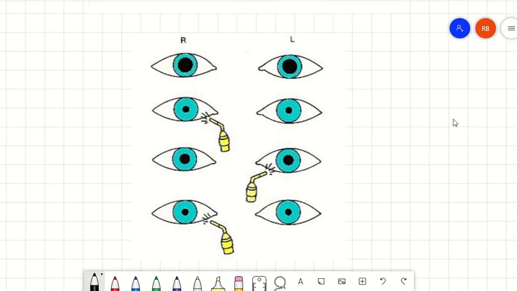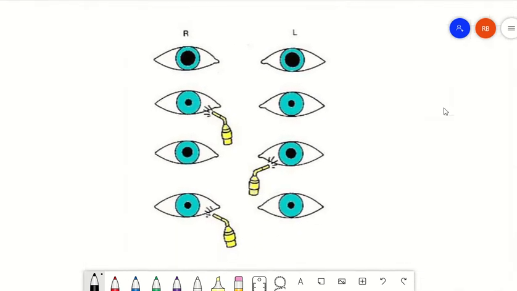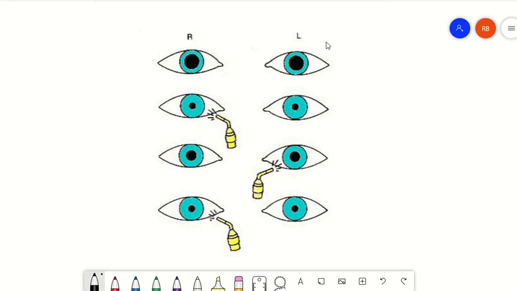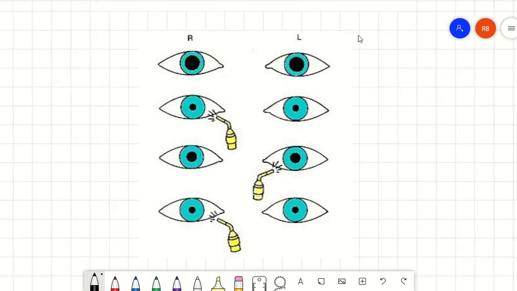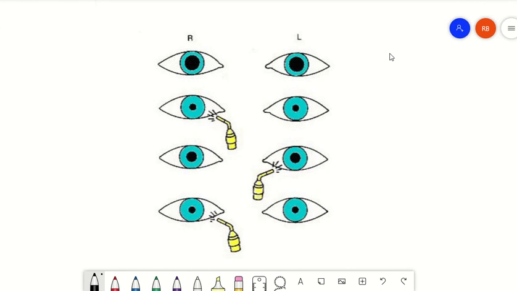So how will that look in terms of pupil size? Let's assume we don't know which eye the relative afferent pupillary defect is in. This is what we call the swinging flashlight test. Initially you start with one eye and you shine the light in that eye for 3 seconds, so let that eye acclimatize.